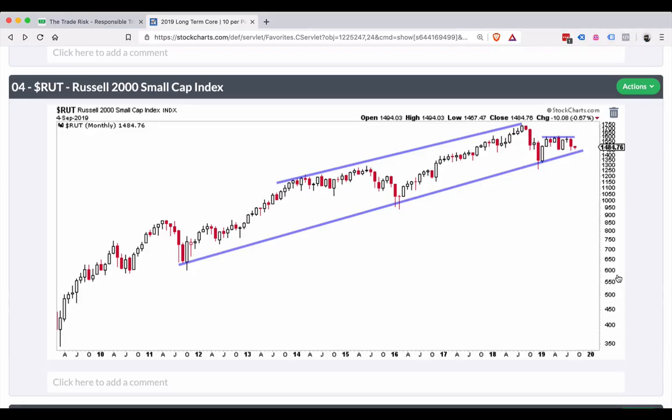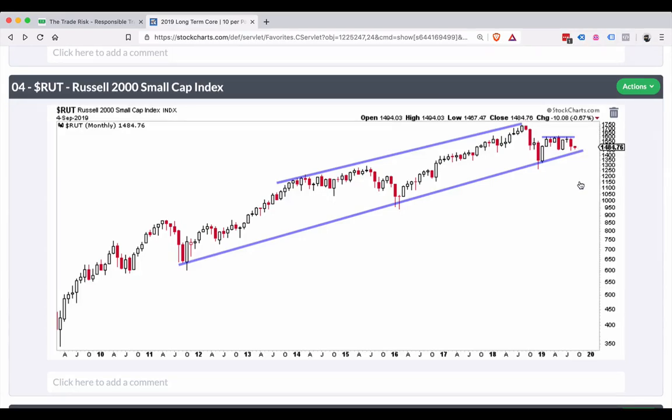When we look at the Russell, we do still have the long-term trend line that has been in place since the 2011 lows, and you can see we have tested it multiple times, again recently in 2018, but we are much closer to the lower end of this range, getting close to this rising trend line again. We have this stiff, flat sideways resistance in the middle of this upward sloping channel, or maybe a tightening wedge, around the 1600 level.